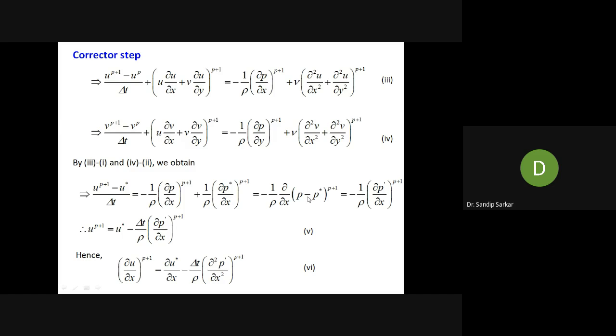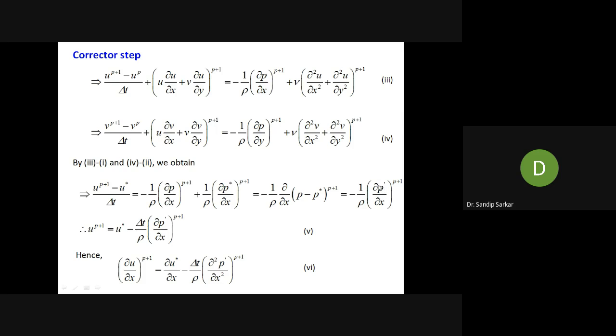So basically, we need a correction in the pressure. So let us define P minus P star, which is the correction in the pressure that will be required, as P prime. We can write this equation as minus 1 by rho del P prime by del x, where P prime is equal to P minus P star, which is basically the correction or error in the pressure that is required.